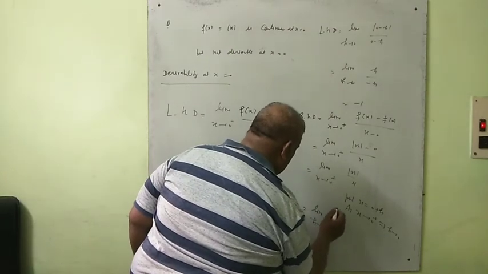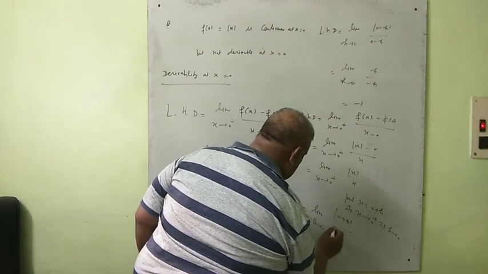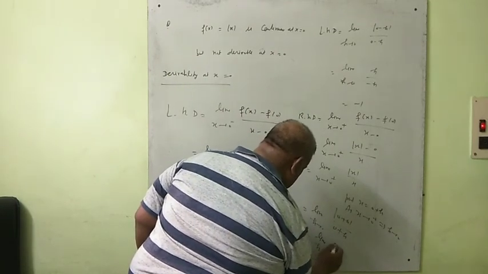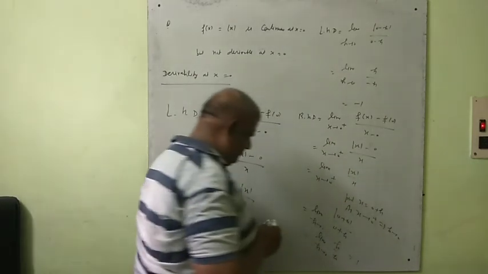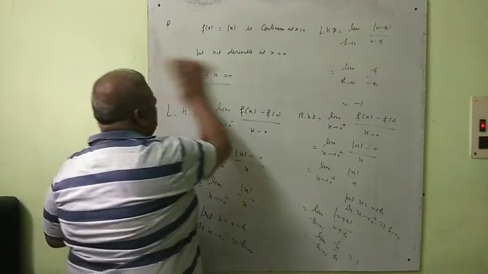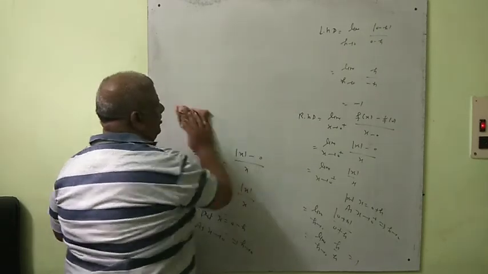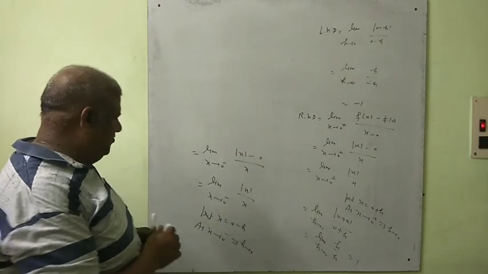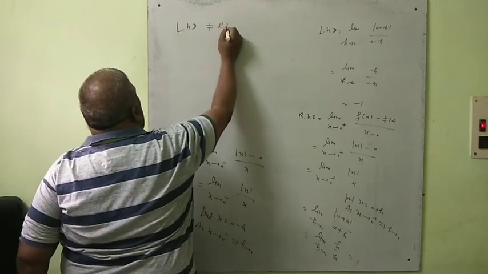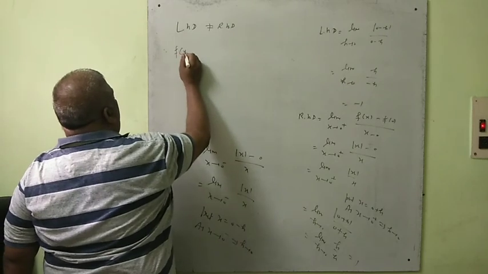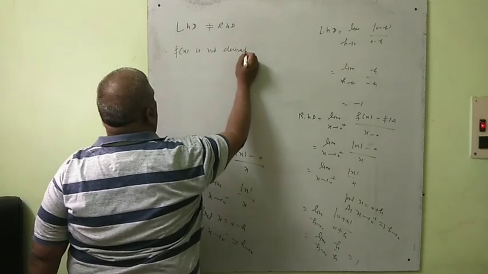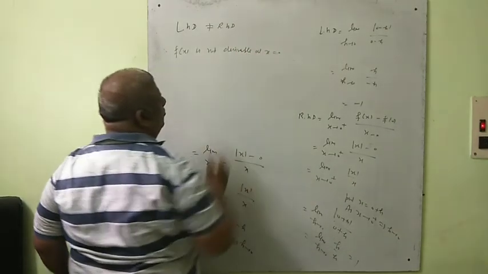Limit h tends to 0, modulus of 0 plus h, limit h tends to 0, h upon h, it is 1. So left hand derivative is minus 1, right hand derivative is plus 1. Left hand derivative not equal to right hand derivative. f(x) is not derivable, differentiable at x equal to 0.